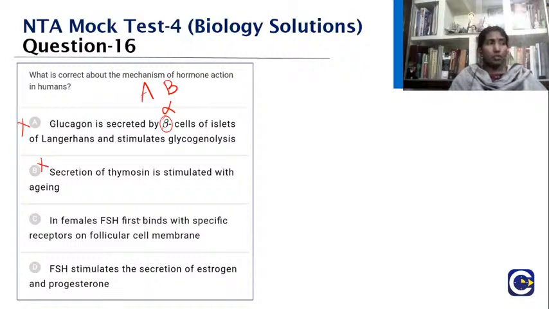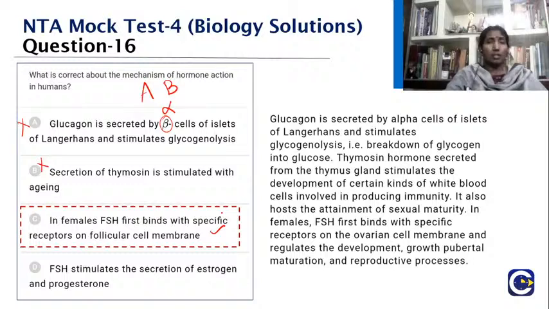In females, first you should understand that FSH will bind with specific receptors on the follicular cell membrane. Yes, this will be the right answer. Glucagon is secreted by alpha cells of the islets of Langerhans and stimulates glycogenolysis, the breakdown of glycogen into glucose. Thymosin comes from the thymus gland and stimulates the development of WBC. Children, be careful, it is only the T lymphocyte, and it also hosts the attainment of sexual maturity.